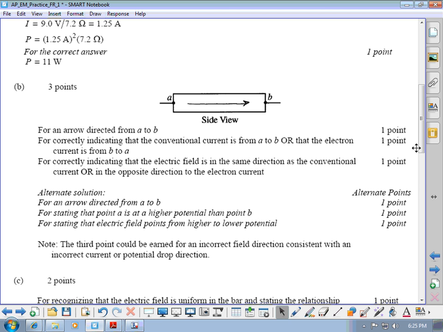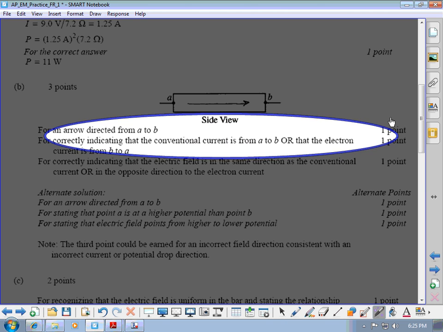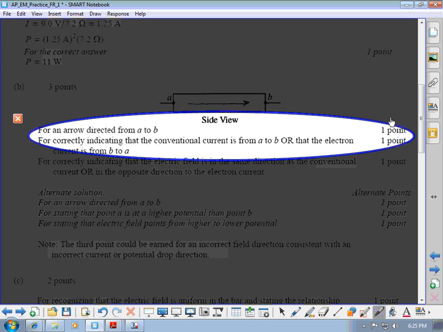If you said that the current is going to the left and the electric field points in the same direction as the current, you would get 1 point there. There would be nothing for these 2 parts, but you could get 1 out of the 3 points.